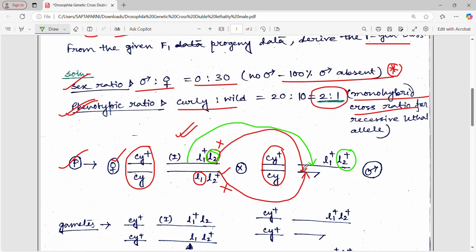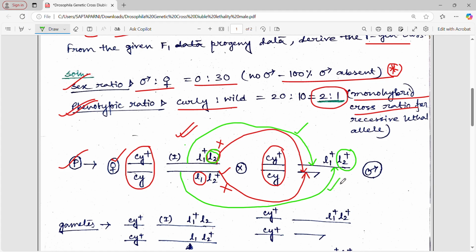So it will be a viable female individual. On the other hand, when this X chromosome combines with this X chromosome from the father, the product of L1 will be from the father's side and the product of L2 will be from both the father and the mother. So this one will also be a viable female.